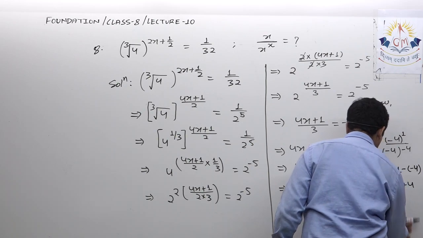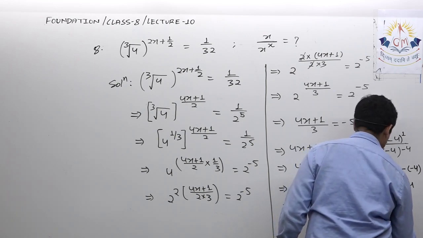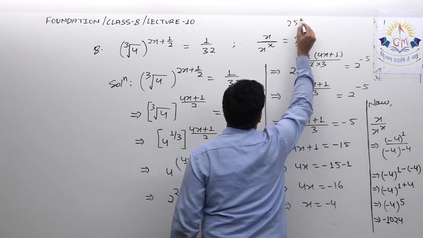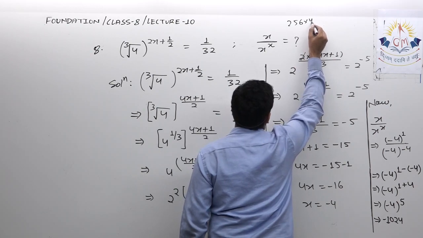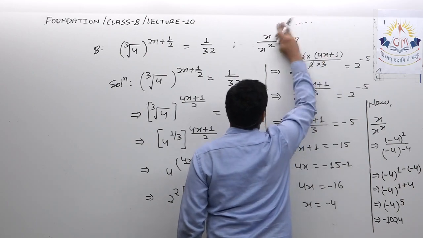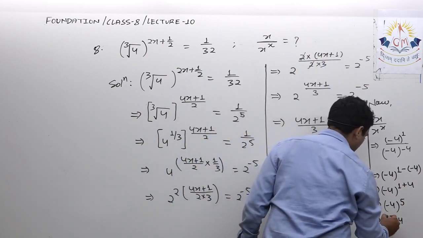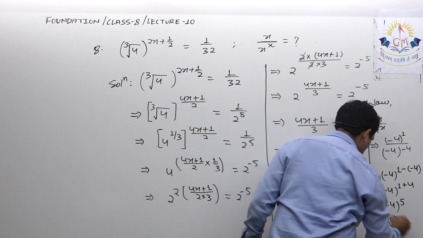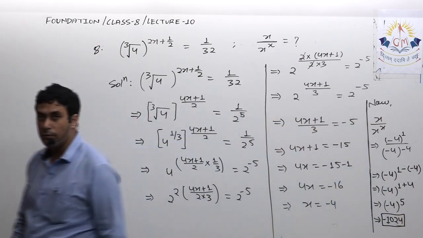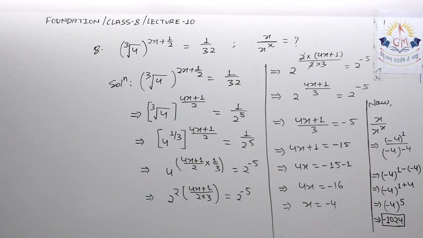Here I am solving 256 into 4. Okay, 1024. This is my final answer, minus 1024. Okay, so please note it down, then we'll see the next question.